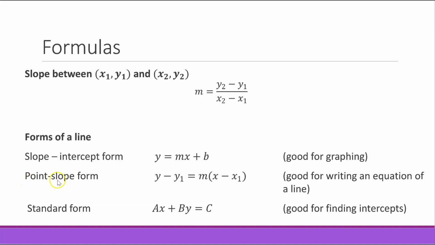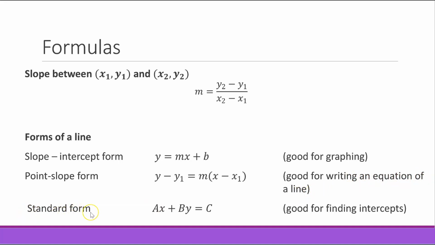Then we have point-slope form, and that looks like y minus y1 equals m times the quantity x minus x1. So just as the name suggests, we need a point and a slope for this form of a line, the point (x1, y1), and the slope m. And we typically use point-slope form for writing an equation of a line.